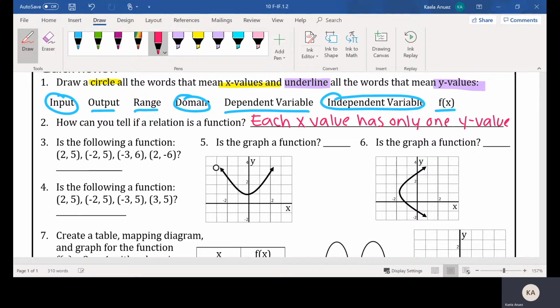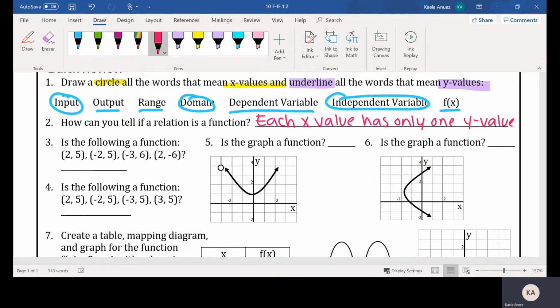We know if you have the same X, you will not be a function. So looking at number 3, knowing that we can't have the same X value, we have X values of 2, -2, -3, and +2. We have 2 X values that repeat, so this would not be a function.